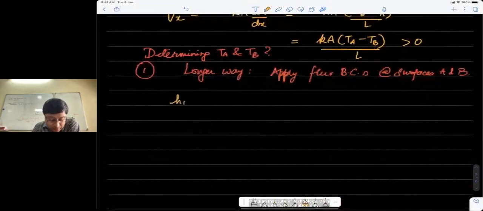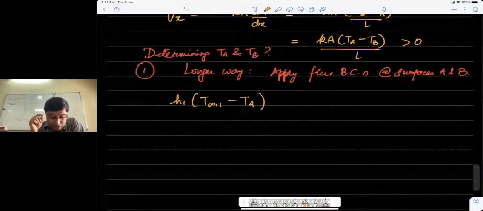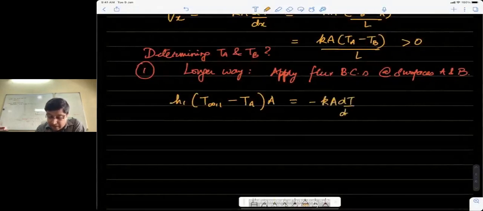I can say h1 (T infinity 1 minus, let's say, Ta). Remember, this is the surface temperature. Newton's law of cooling requires you to define the surface temperature. It does not require anything else. So surface temperature of the solid. So h1 (T infinity 1 minus Ta), and for grins and chuckles, let me keep the area there. This should be equal to the heat carried by conduction, so minus Ka dT/dx at x equal to 0.